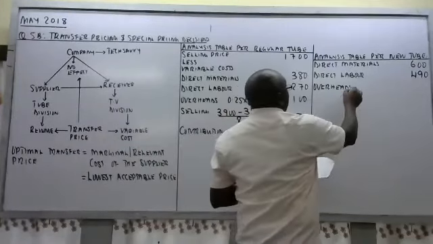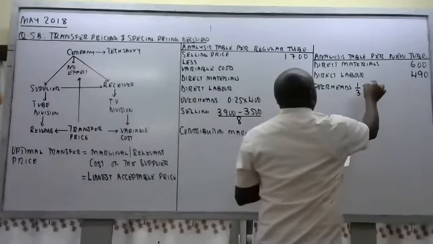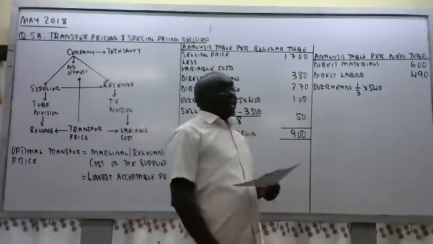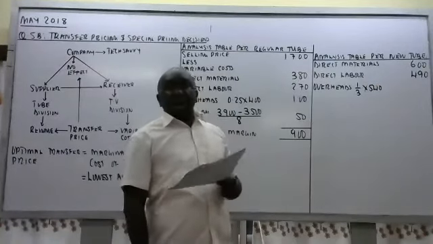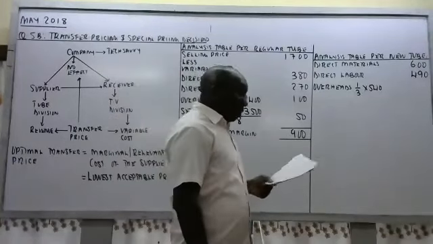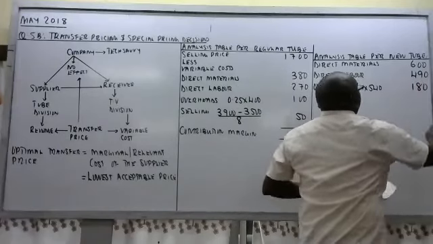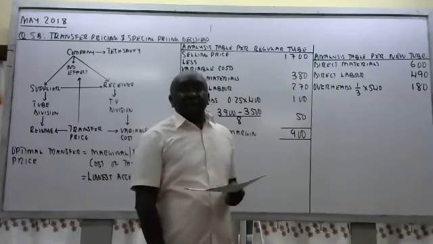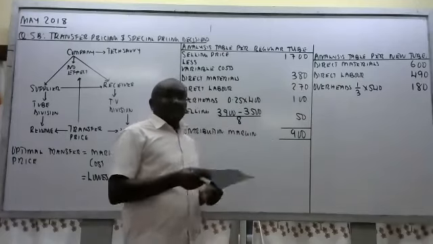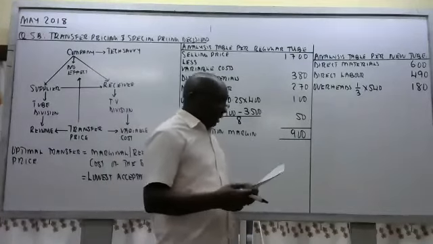So the variable must be a third. So a third of 540. A third of 540 must be how much? 180. Then there is something else that we need to bring on board.